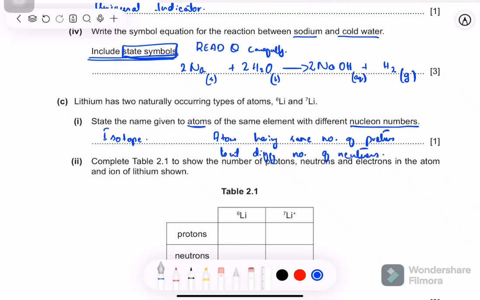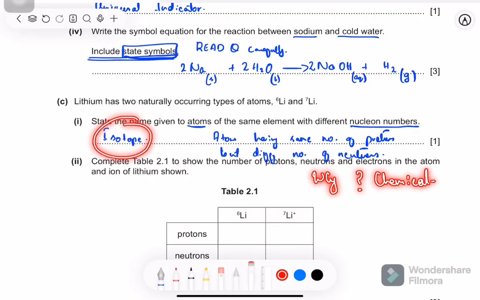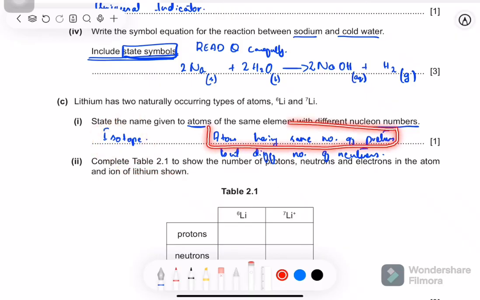Also, they can go on and ask you why the chemical properties of isotopes are similar. Why are the chemical properties not different? So the answer for that is they have the same number of protons and electrons.